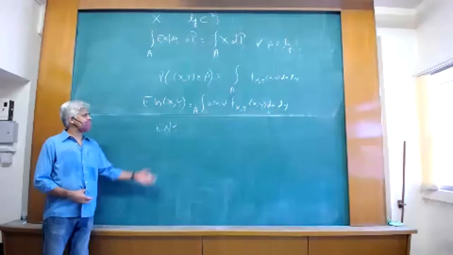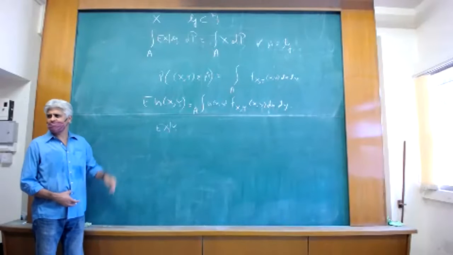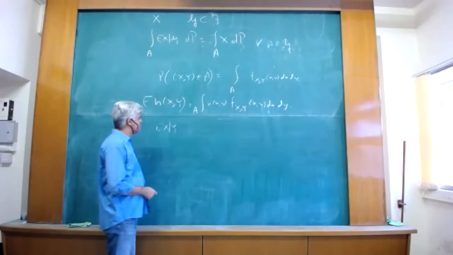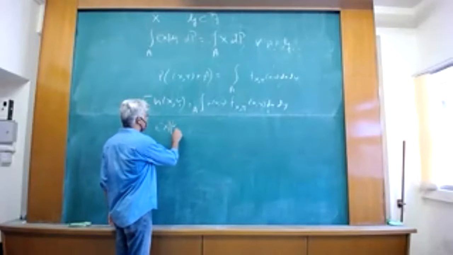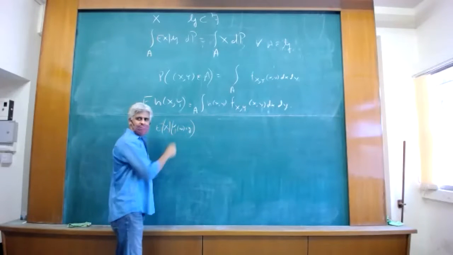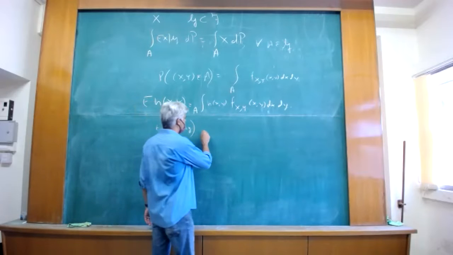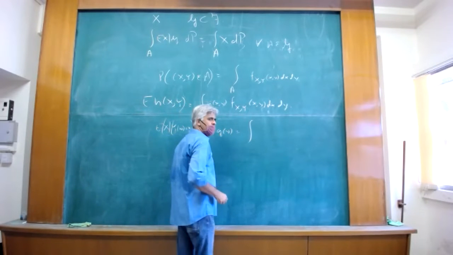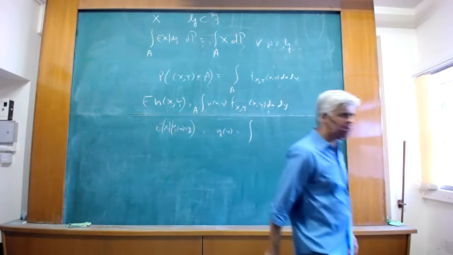But you have a specific candidate. This is all elementary probability now. So what's the conditional expectation? At this place where Y of omega is equal to y, we want this to be equal to g of y, which is defined.